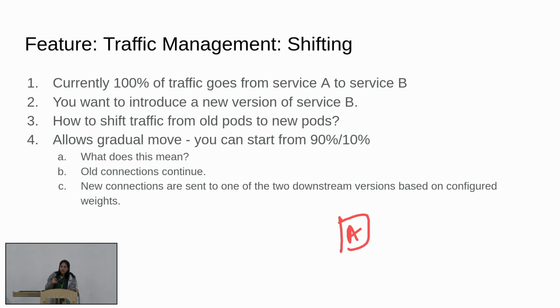You want to ensure that the requests don't all go to it at once. Suppose 100% of requests are going to service A, and now you have the new service B. You want to make sure that 90% go to A and only 10% go to B. All this can be handled without any changes in the microservice, because it can be handled as part of the sidecar running along with the microservice, right?